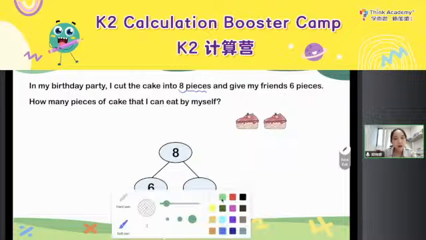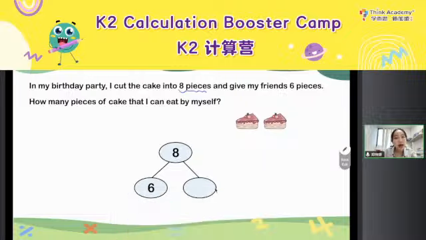Oh, so here I have 2 cakes left. So the other part is going to be 2. So from this question, I know that for 8, I can split it into 2 parts. If one part is 6, then another part is going to be 2. All right? So let's also continue.